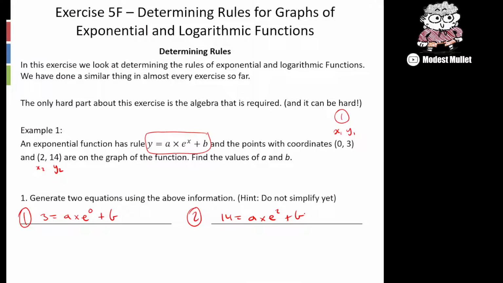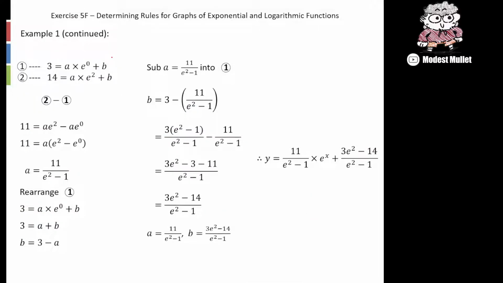So there's our two equations, equation 1, equation 2, and I've got them written up here at the top. Okay. Now, when we're dealing with exponentials, there's two ways we're generally going to go about it. If we're lucky enough to have one of them to the power of 0, which we are in this case, because anything to the power of 0 just becomes 1, that exponential disappears.